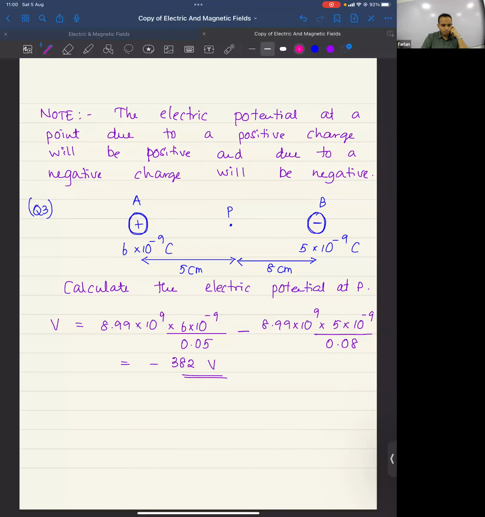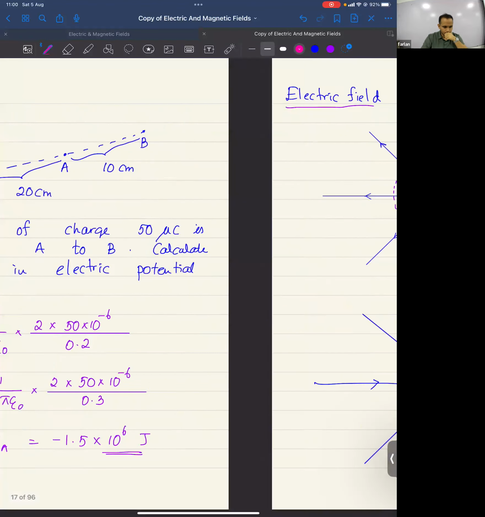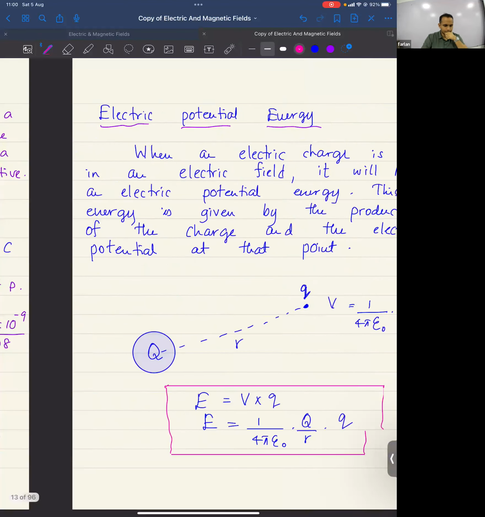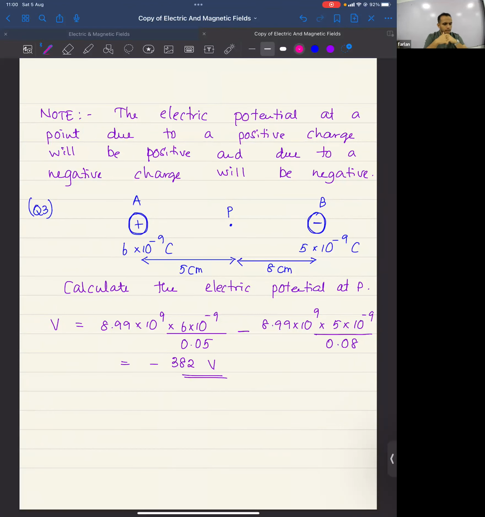The electric potential at a point due to a positive charge will be positive, and due to a negative charge will be negative.